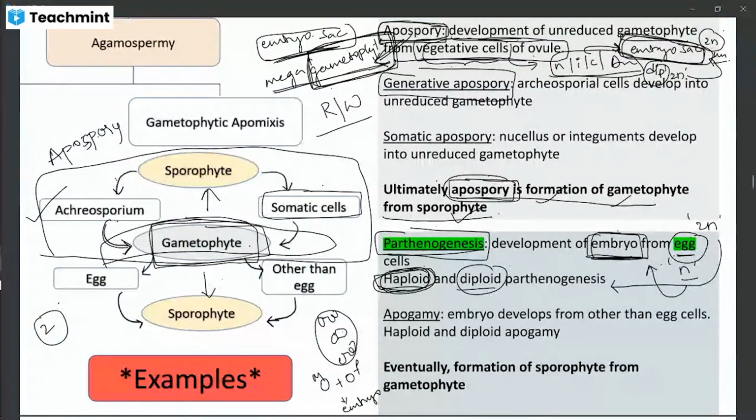Okay, and the other mechanism is your apogamy. So now you saw that the egg cell develops into an embryo; what if the embryo develops from a cell other than the egg cell? So what are the other cells in your embryo sac? Anyone?